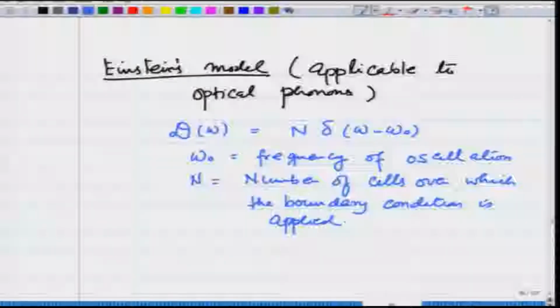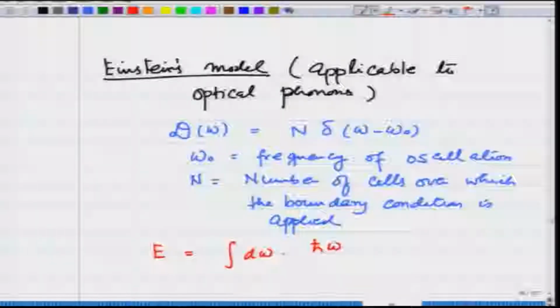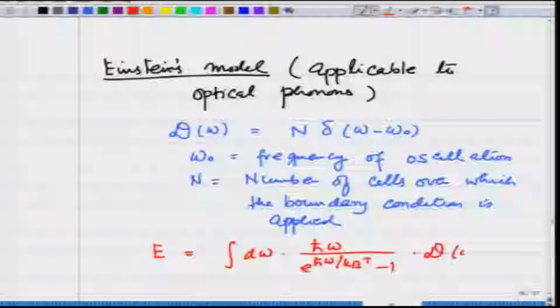This is for one particular mode. This is an optical mode we are talking about. So, this is about one particular mode. It could be a transverse mode or a longitudinal mode. Total number of modes is going to be 3n. So, in this case when I calculate, the total energy is going to be equal to integration over all omegas of the average energy of this mode times d omega, from 0 to infinity.